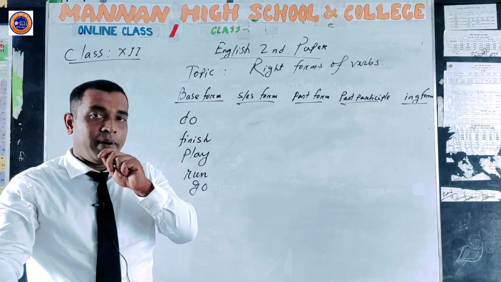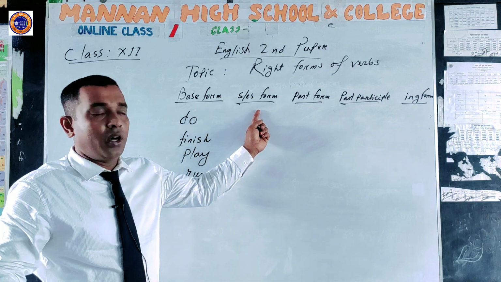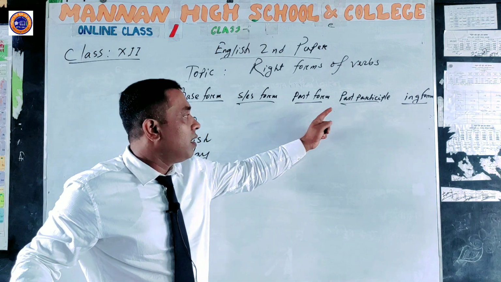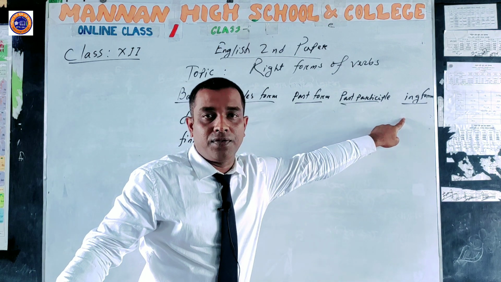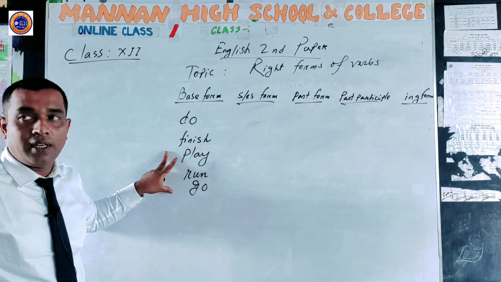So a verb may have 5 forms, that is base form, S or ES form, past form, past participle form, and ing form. Suppose I have taken these 5 verbs as examples.